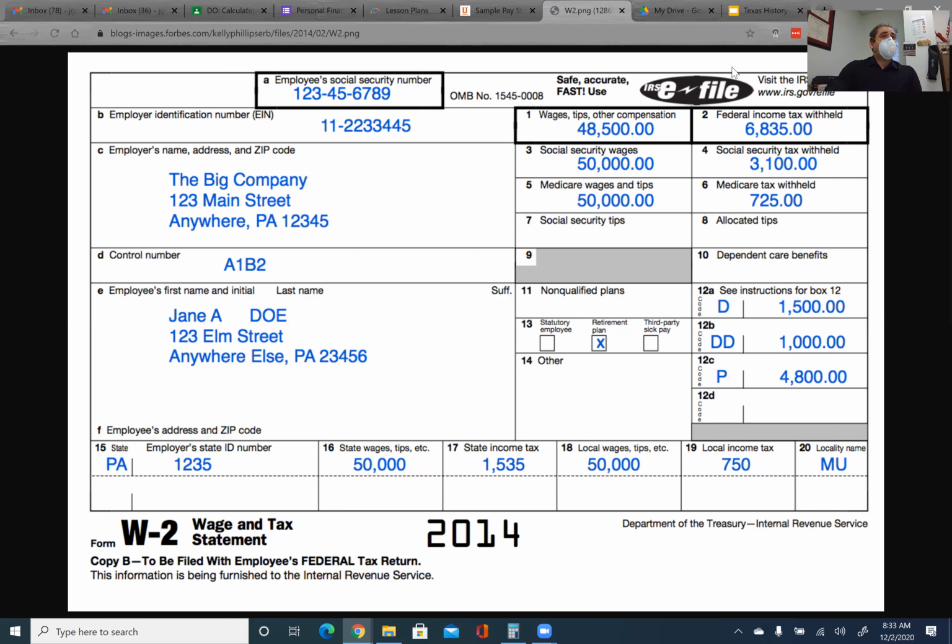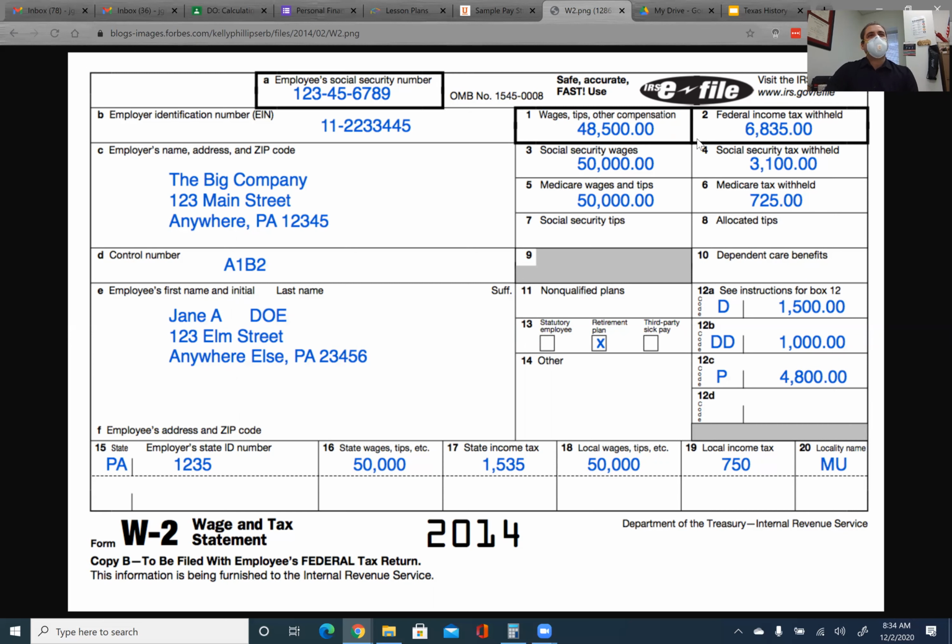So when I give you a scenario to fill out the tax return for, you're going to need to know this information here: the individual's name, the individual's Social Security number, and then wages and federal income tax withheld. So these two boxes here are important.